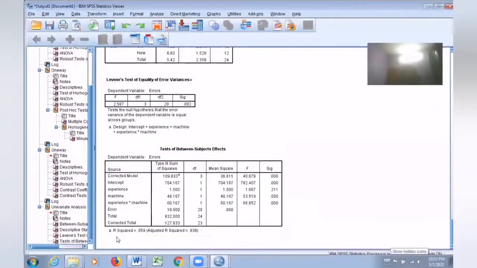If you come down, the R squared value is 0.859. It means that 85.9% of the variance of the dependent variable can be explained by our two independent variables, namely experience and machine, and experience and machine taken together.